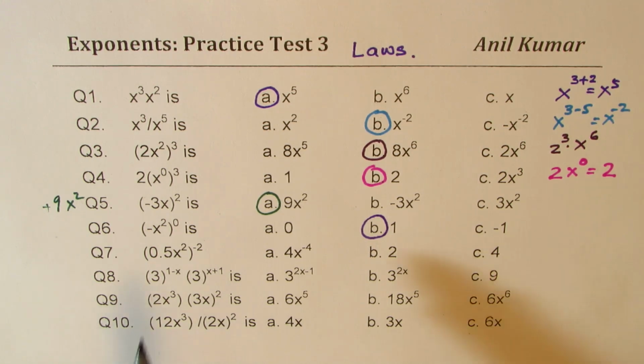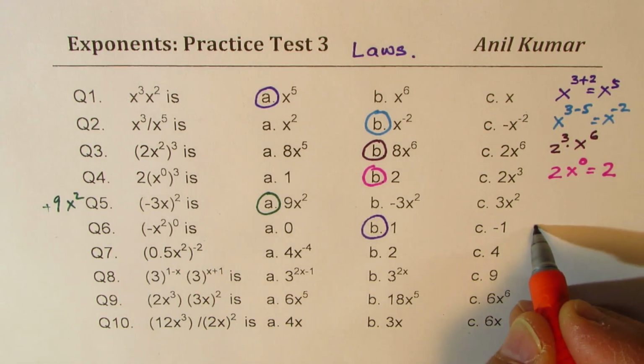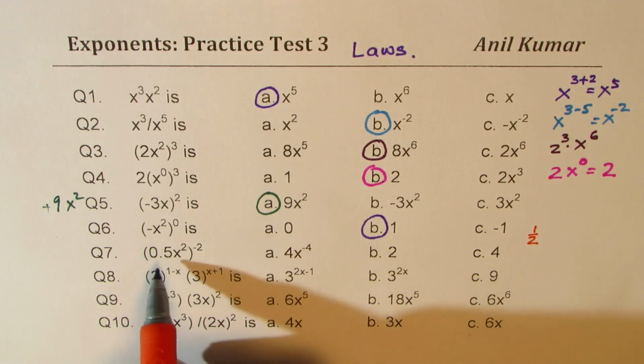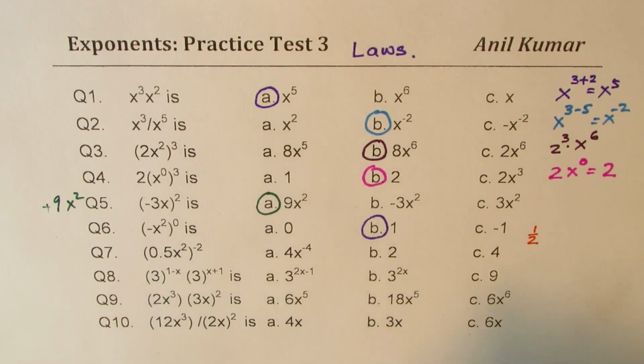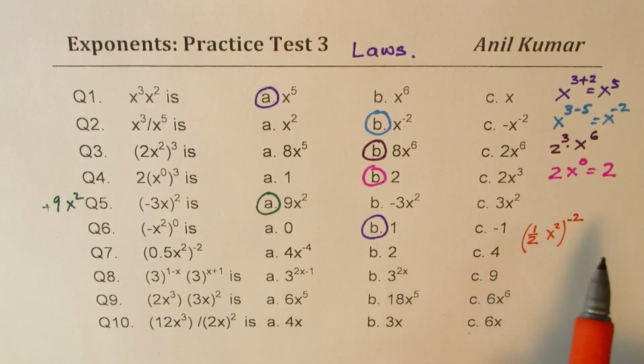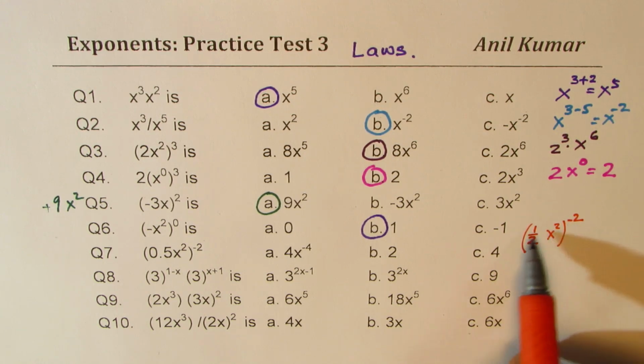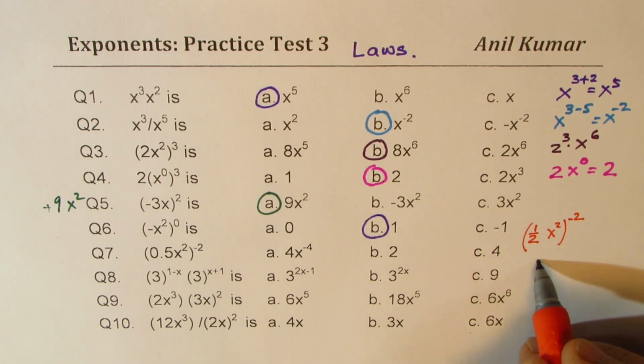Question number 7. 0.5. Now 0.5 should be thought of as half. 0.5 is kind of half, right? So think like this. The question here is half x squared to the power of minus 2. Now when we have minus in the exponent, then everything reverses.